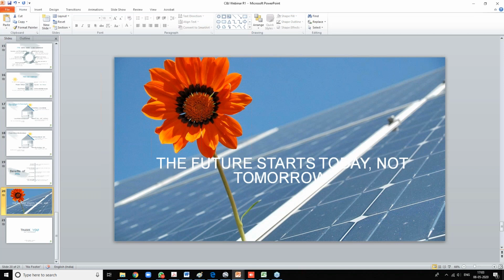There is another question. If the grid is not available, can we operate this by DG? Yes, you can operate it, but please understand that if the grid is not available and you have to operate it by DG, then if your project is like 100 kilowatt, the DG should be a minimum of 300 kilowatt size.